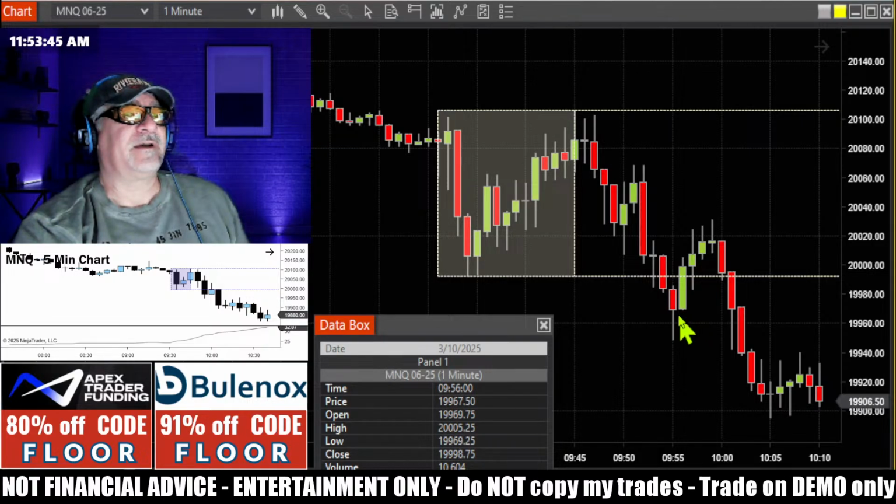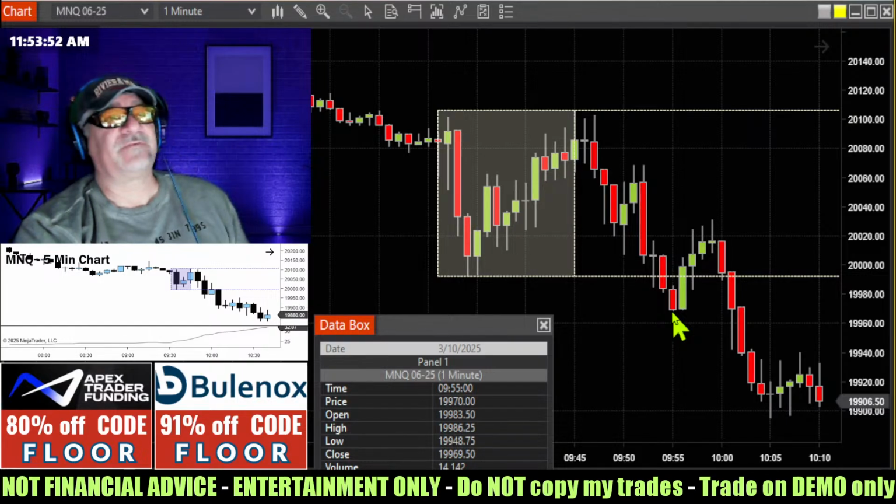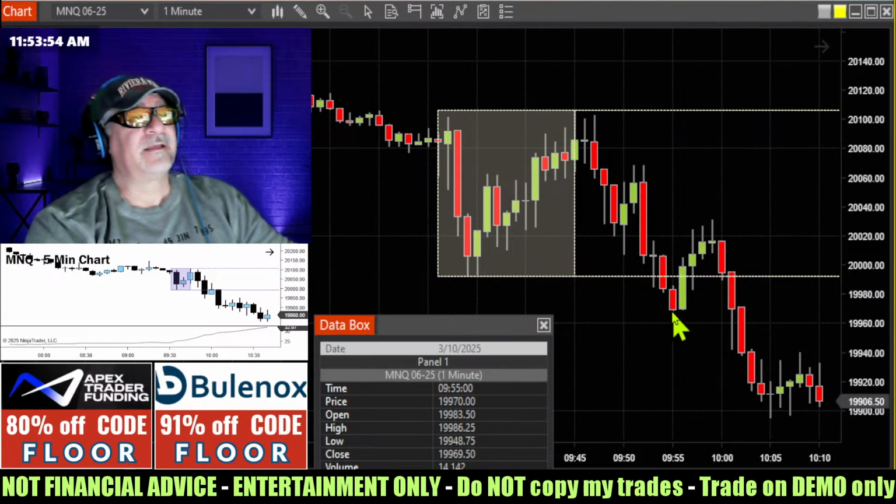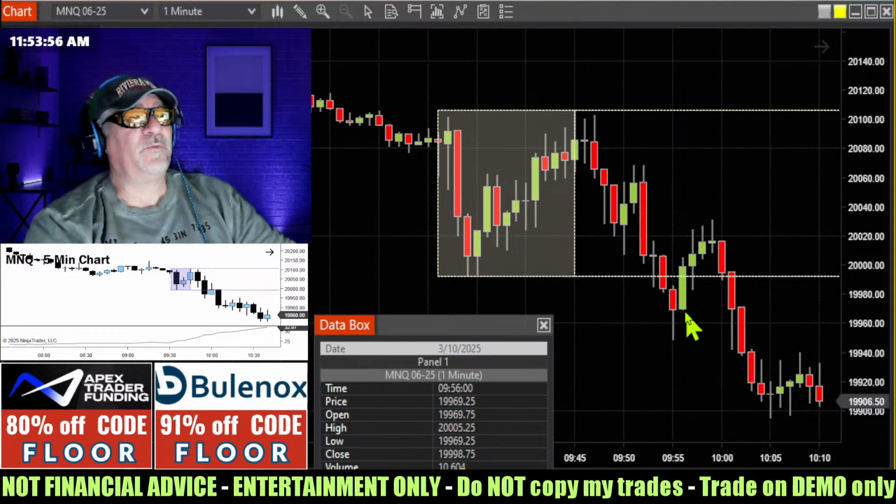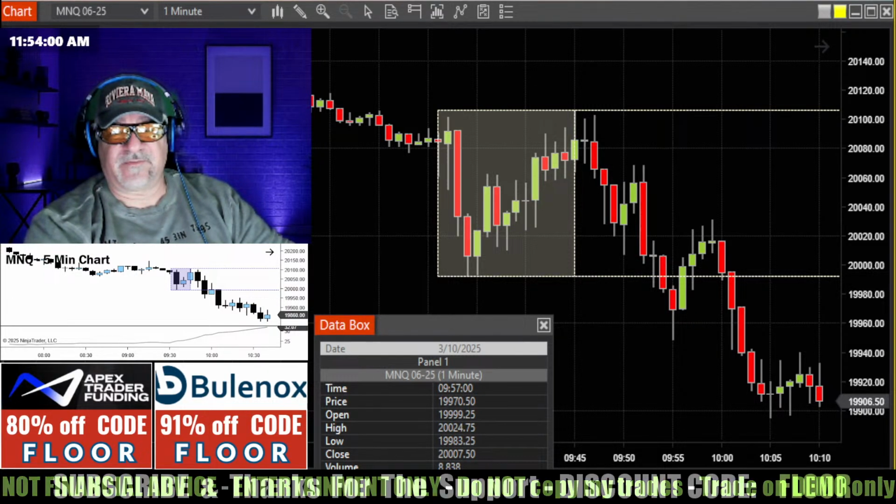On the 1 minute, once we got the close on a 5-minute candle outside the range, which is right here at 9:55, sorry, once we get the close, we got to get in at the open, which is 19,969.75.